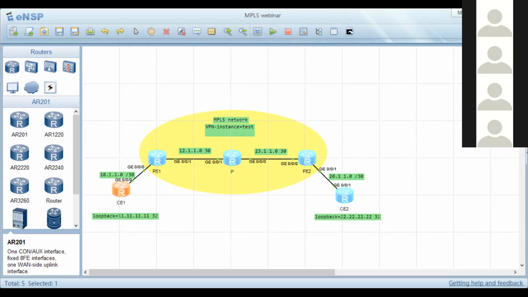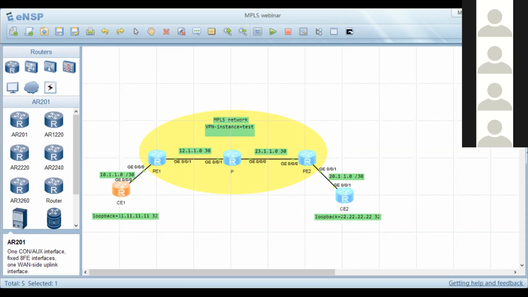As I know so far, we configure MBGP between PE1 and PE2, right? But for the P side, we only configure the IGP, whether OSPF or ISIS or something like that. Yes, we need to configure IGP on the P.